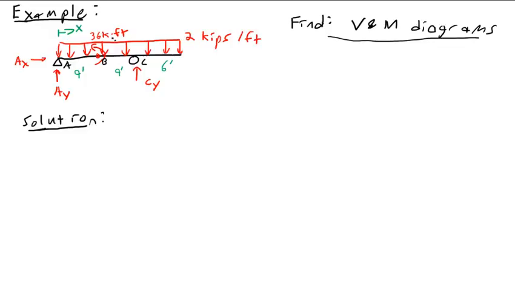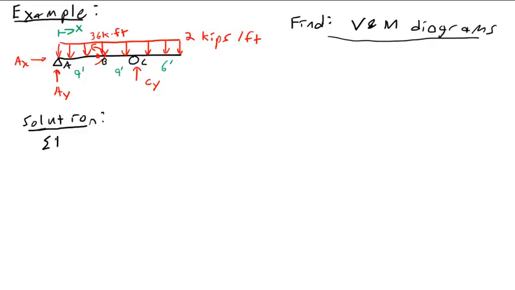So here, 2 kips per foot, and the total length is 24 feet. So in other words, to find the total load from this distributed load, it's going to be 2 kips per foot times a total of 24 feet, so 48 kips. And that would act, the equivalent load for the purpose of finding reactions, is at the center here.